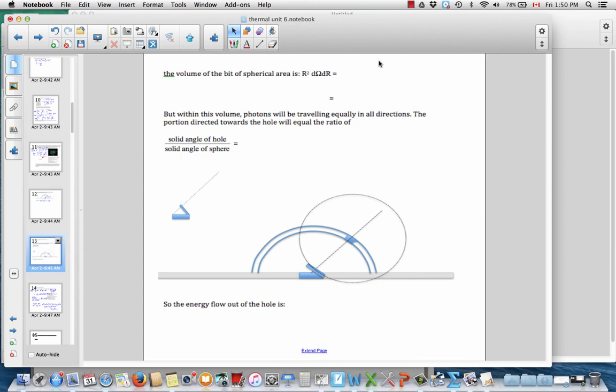Okay, so first of all, that little bit, how much volume is it? Because we need to know how much energy it is. Well, this is the Jacobian in spherical coordinates, so that's r squared times sine theta, d theta, d phi, dr. So this is our volume of that little bit.